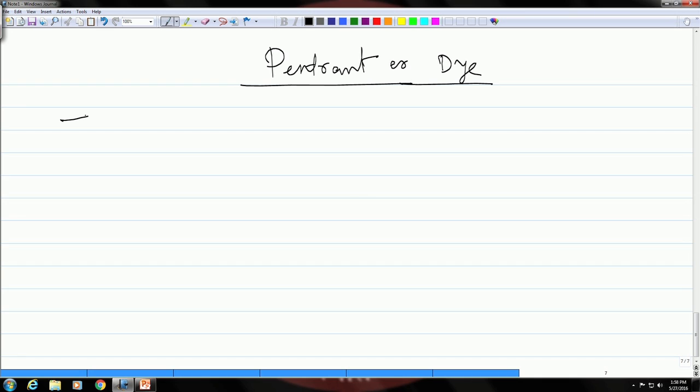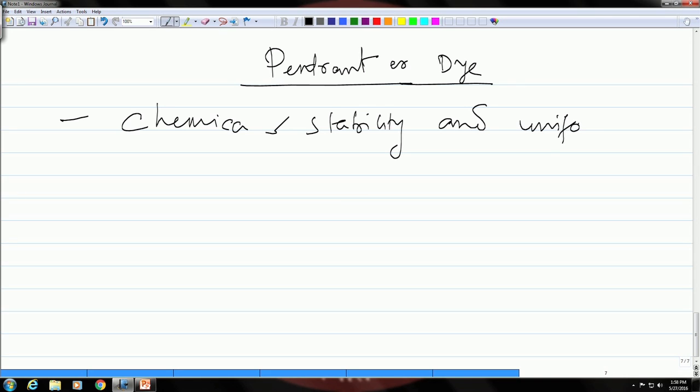So, the first characteristic or property of this liquid is that it should be chemically stable. Okay, chemical stability, and it should also have uniform physical consistency. That means it should not have one density in one part and some other density in the other parts.